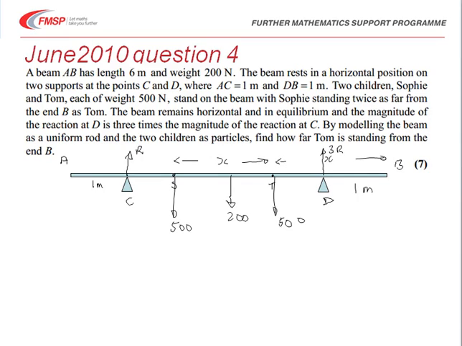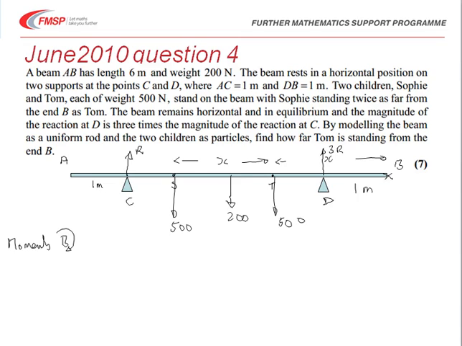Well, we can take moments about any point we like. However, as we're looking for the distance x of where Tom stands compared to B, then it makes sense to take moments about B. So taking moments about B, and I'm going to take the values on the left hand side as being the clockwise moments.